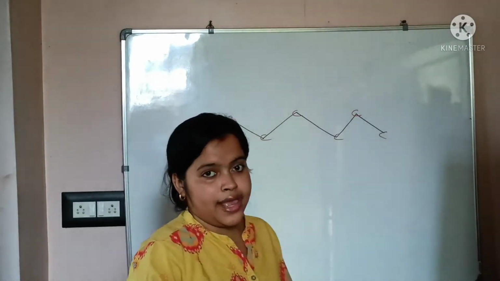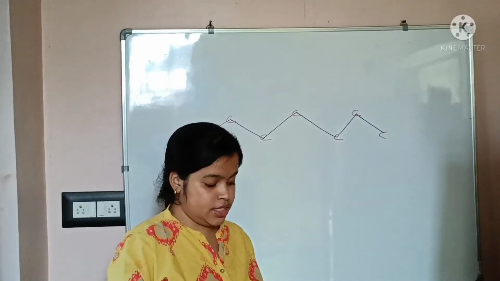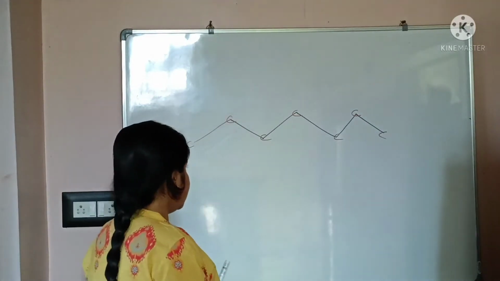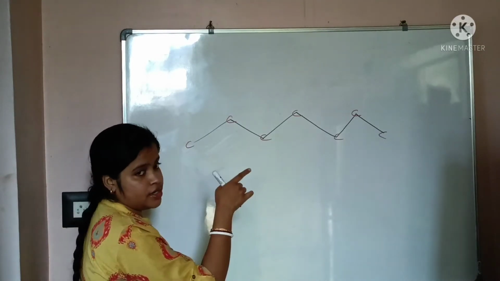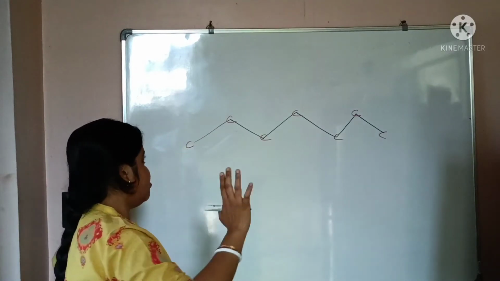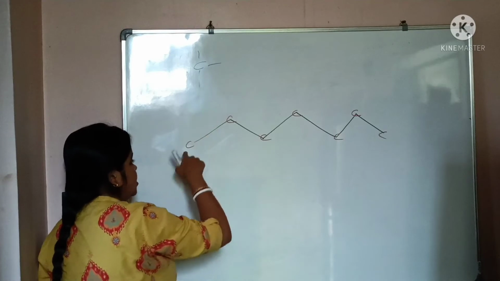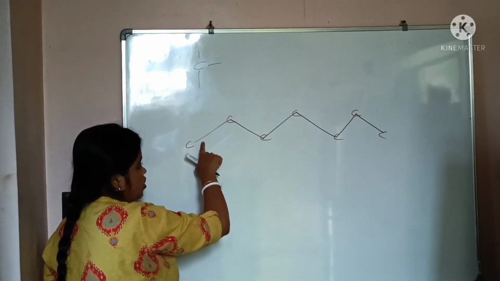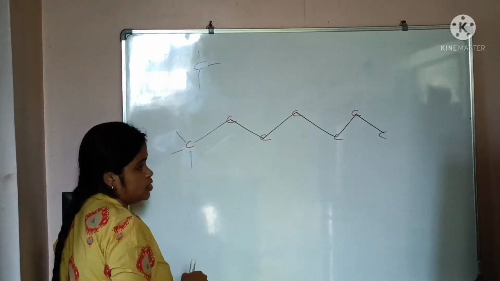I have already explained to you that carbon should have 4 hands, isn't it? So you see in this structure, this carbon has how many hands? Only 1 hand, isn't it? For clarification, let me write here that carbon should have 4 hands, but this carbon has only 1 hand. So we need to give here 3 hands.